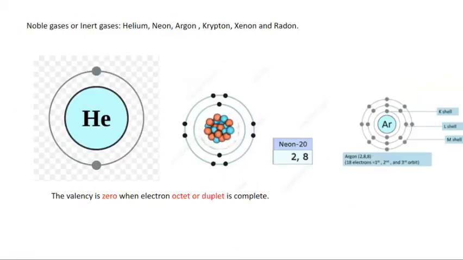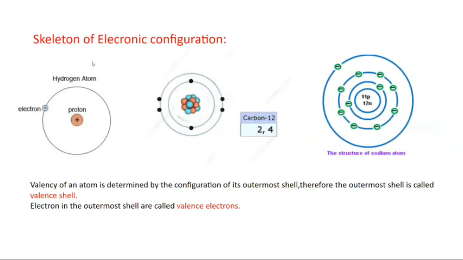So for helium, you can see here, this is the nucleus. Two protons are present in the nucleus part, and in the extranuclear part, in the nearest shell, this is the first shell, 2 electrons are present here in the helium atom.